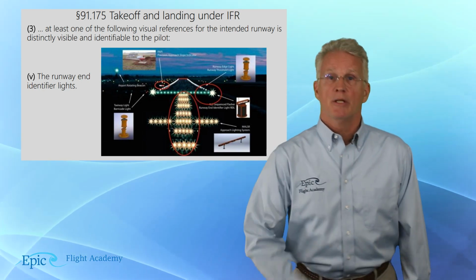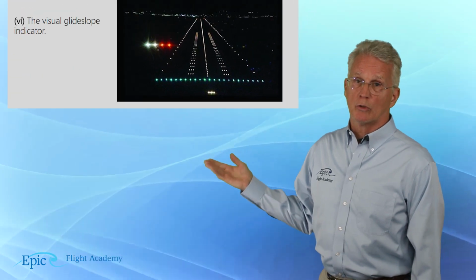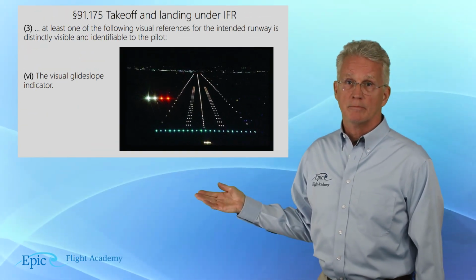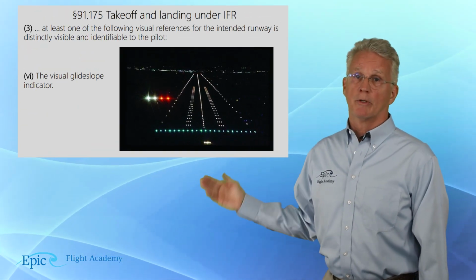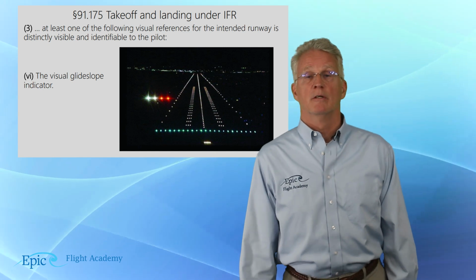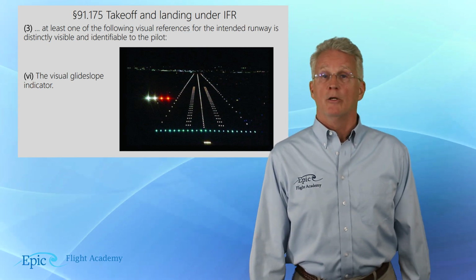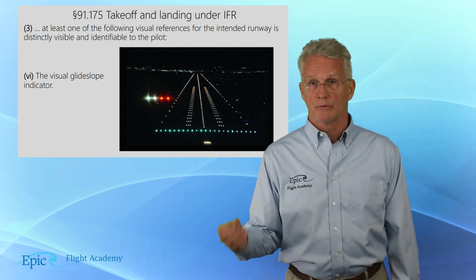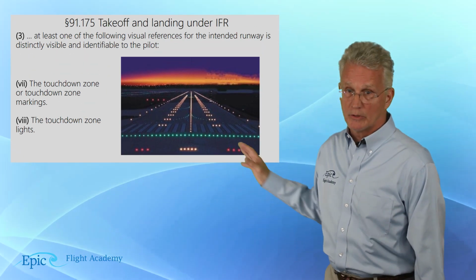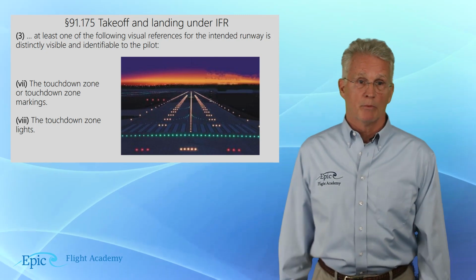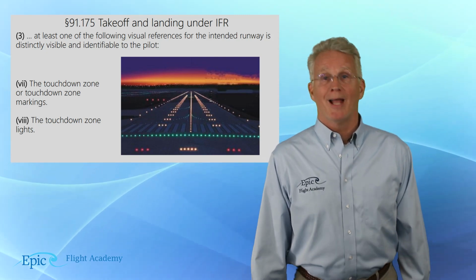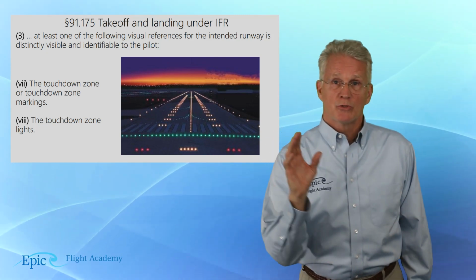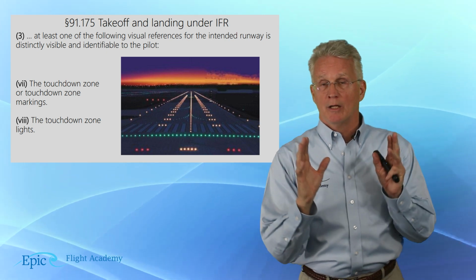Number six, if you could see the visual glide slope indicator. In this example, we're showing PAPIs to the left of the runway. Number seven would be the touchdown zone, or touchdown zone markings. And in this picture, you can see those painted on the runway. Or number eight, if you saw touchdown zone lighting.